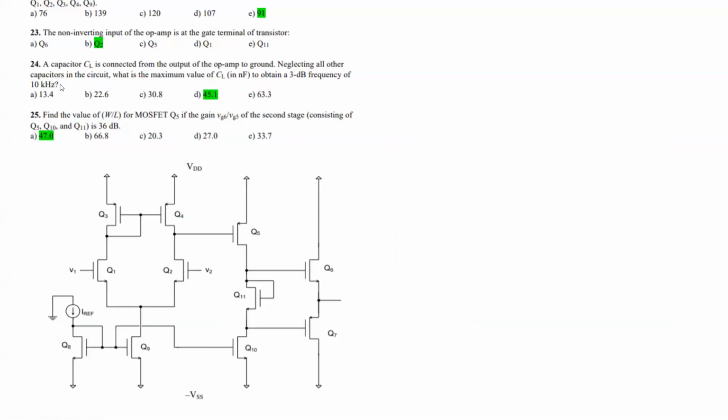So a capacitor C load is connected from the output of the op amp to ground. Neglecting all other capacitors, what is the maximum value of C load to obtain a 3 dB frequency of 10 kHz? So that means it comes down to an RC, right? So I put a capacitor here and check the effective resistance seen by this capacitor so we can find the frequency response, right?